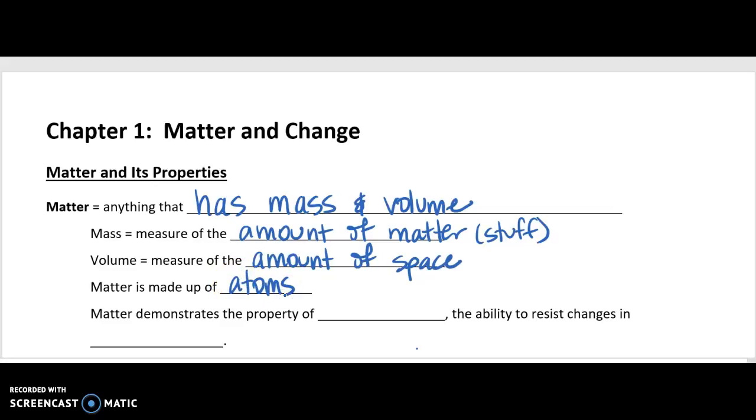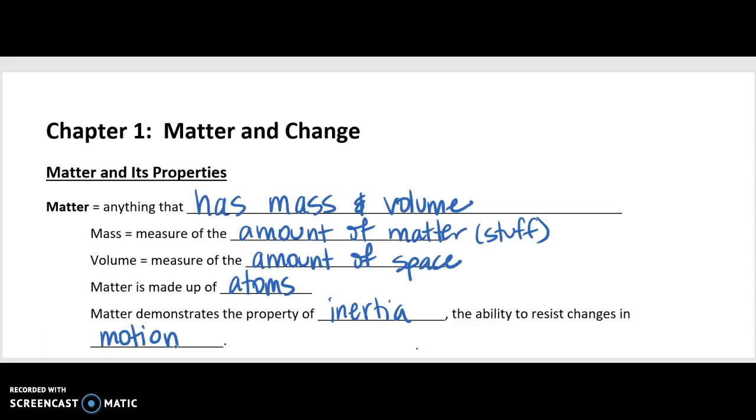And that's what a lot of chemistry is about in what we're studying. Matter demonstrates the property of inertia, which is the ability to resist changes in motion. Something that has more matter, more mass, more volume will have more inertia.